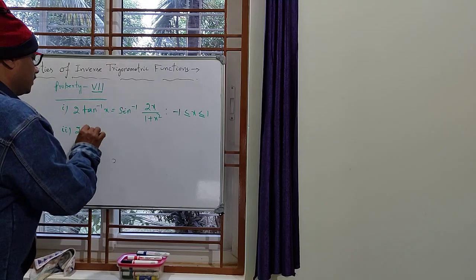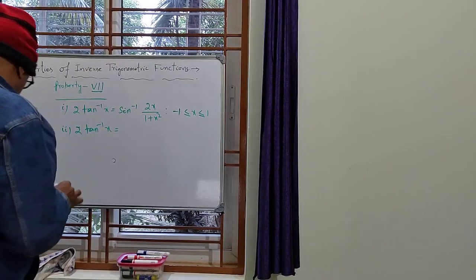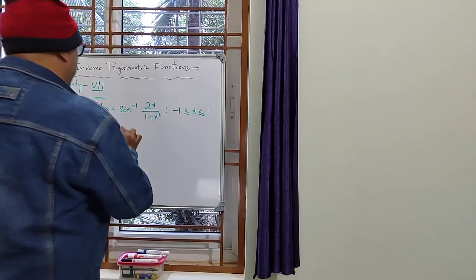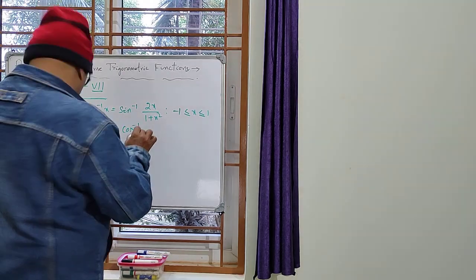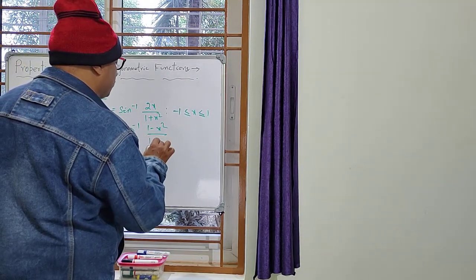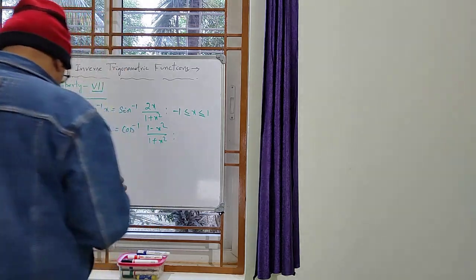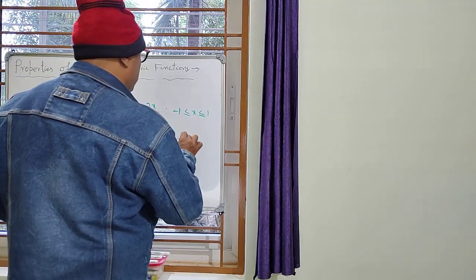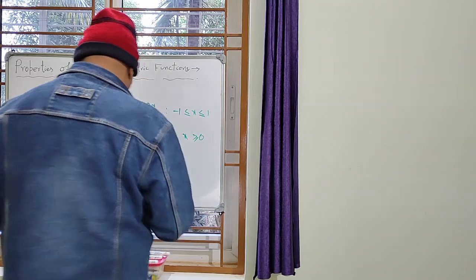2 tan inverse x equals cos inverse of (1 minus x square) divided by (1 plus x square), for all x greater than or equal to 0.